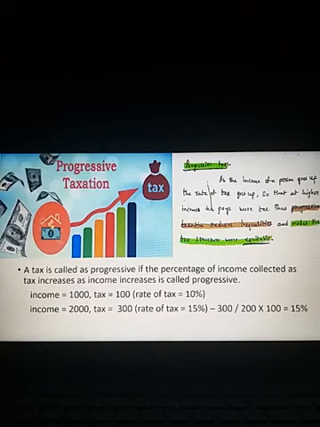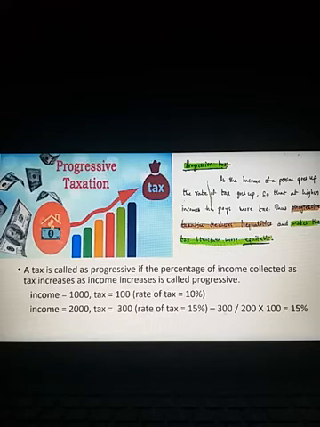Instead of 1000, it becomes 2000. With the increase in income, observe the rate of tax also has increased from 10 to 15%. So 5% extra he has to pay for the increased amount. As a result, the amount of tax paid also increases from 100 to 300.